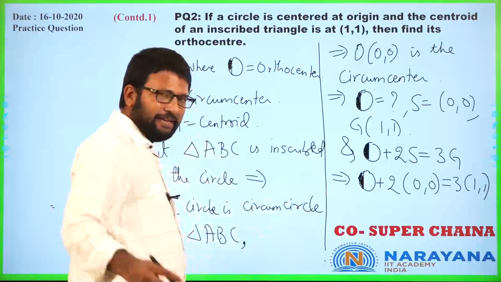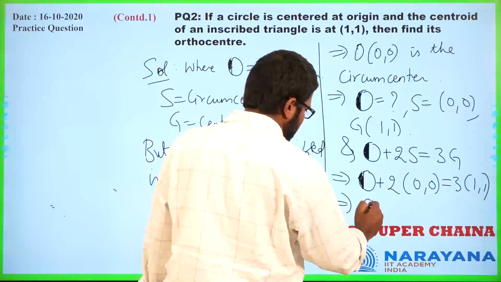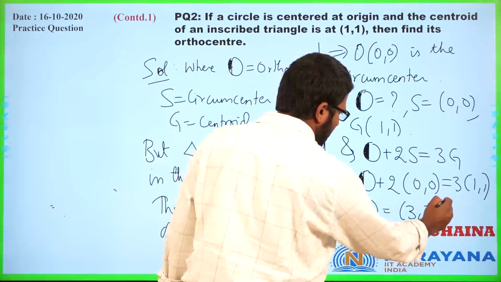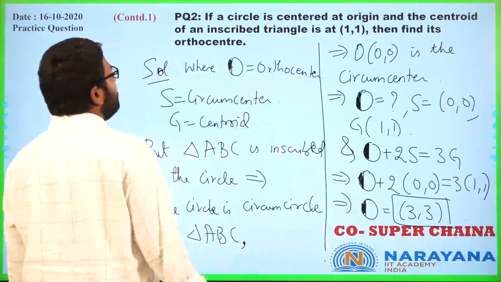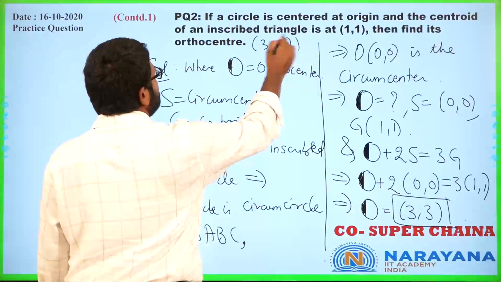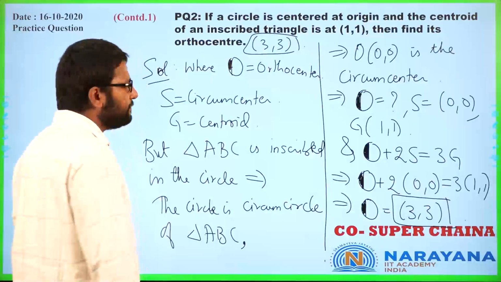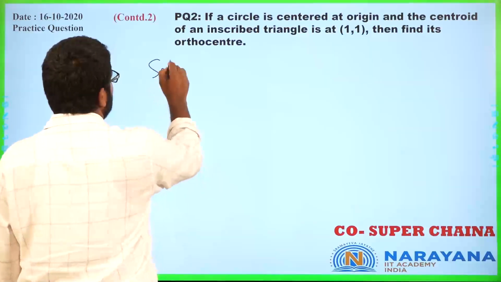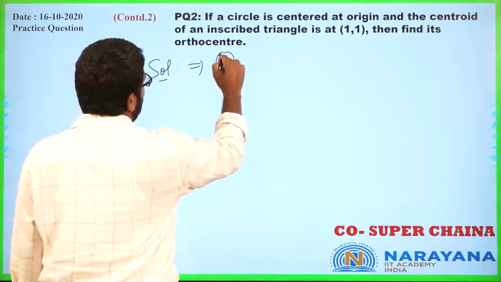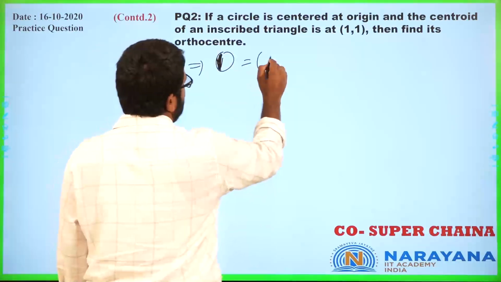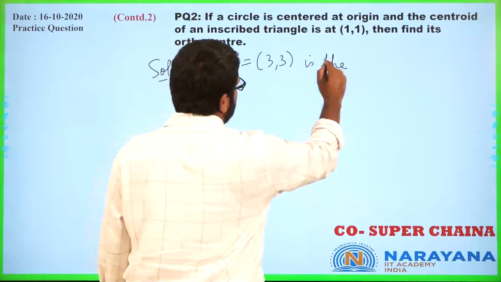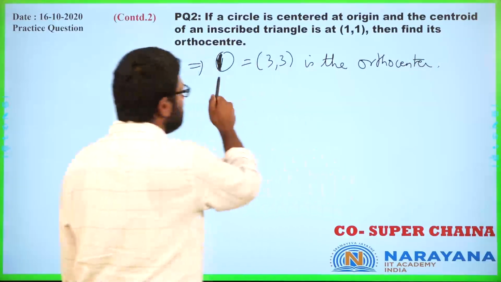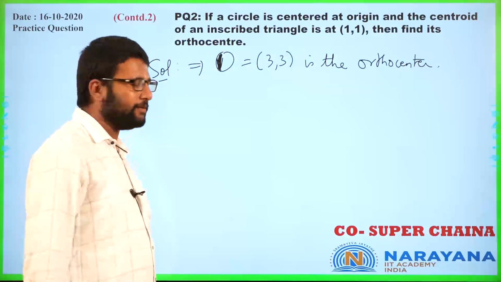So 2 times 0, 0 will anyway not give you anything. So this means O is 3, 3. Got it? 3, 3 is its orthocenter. Just to be clear, I'm writing it like this so that it's not origin, you realize that. Okay, all right.